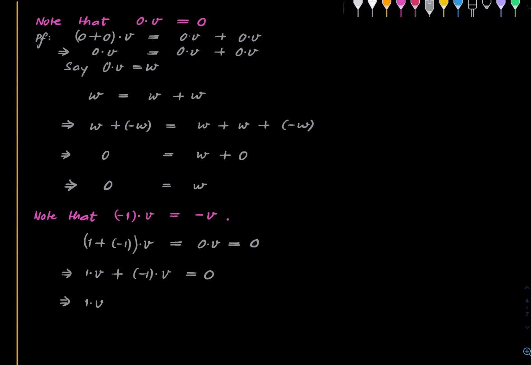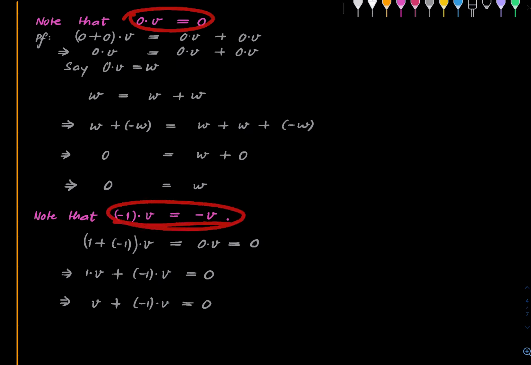So 1 dot v is anyway v by our insistence. That was one of the axioms. And that's it. So v plus something gives you 0 means that something is the additive inverse. So just keep in mind these two properties. And they are natural. They are not something coming out of the blue.